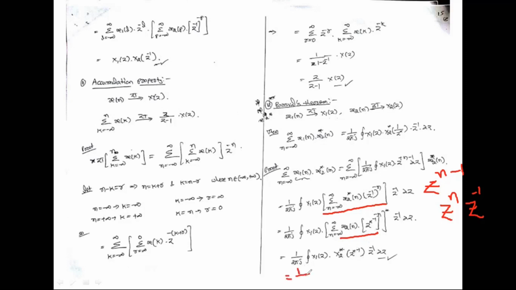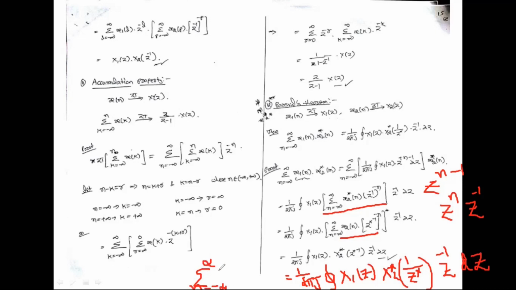You can write this as 1 by 2 pi j, the integral x1 of Z, and this x2 star conjugate of 1 by z star, x2 star of 1 by z star, z inverse dz. That is Parseval's theorem: the sum of n equal to minus infinite to infinite, x1 of n and the x2 star of n, the two signals.